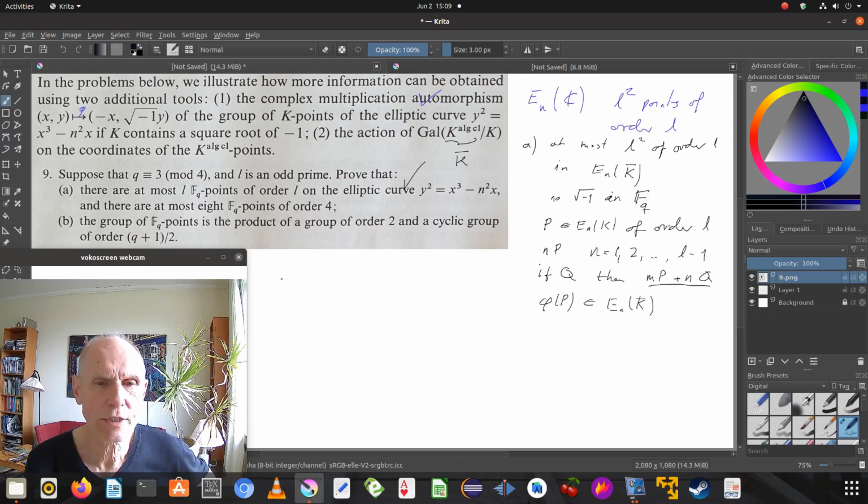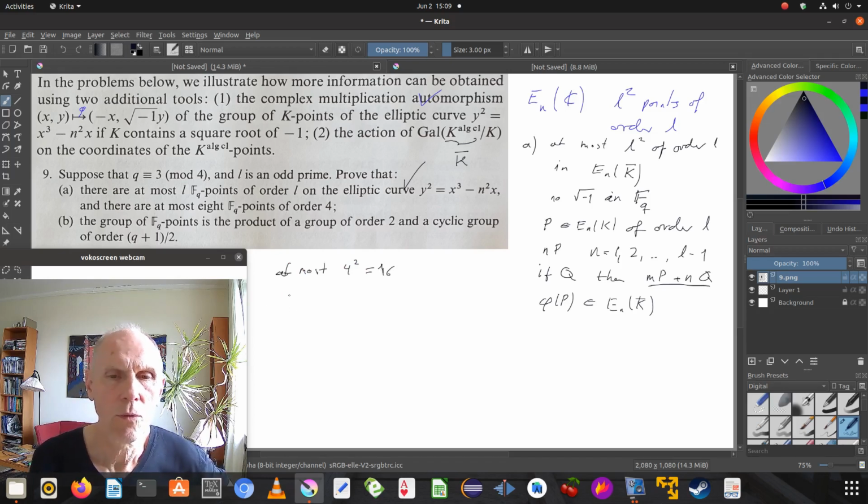There are at most 16, and we know there are 4 of order 2, so that means 12 of exact order 4. Still at most.